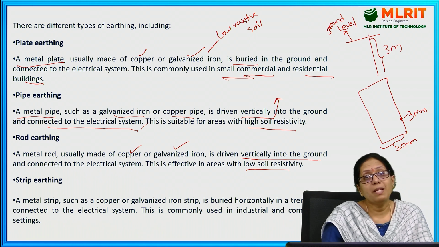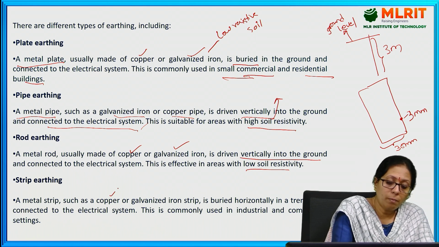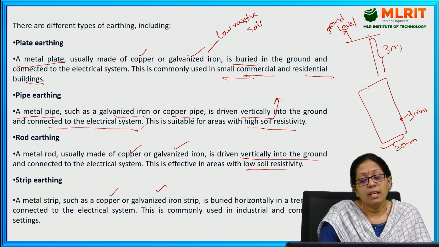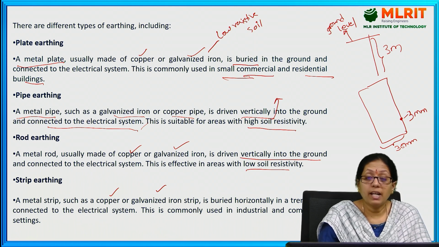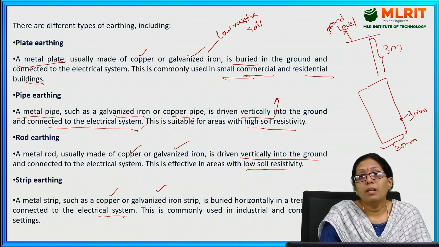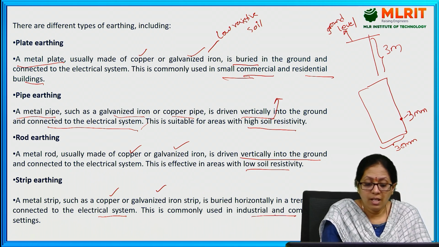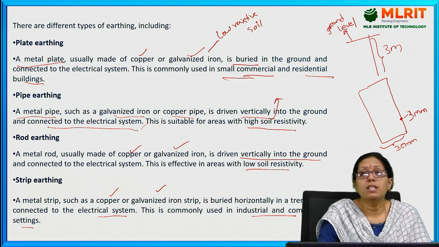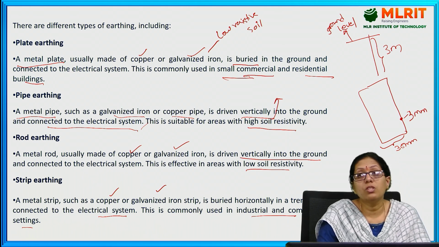This strip is again made up of copper or galvanized iron, which is buried horizontally in a trench and connected to an electrical system. This is mostly used in industrial and commercial settings.